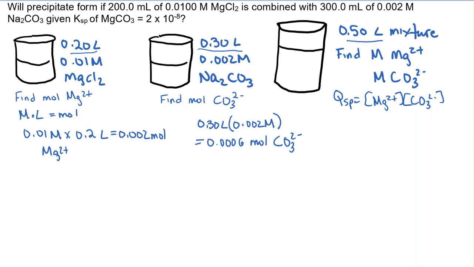Now we have to figure out the concentration in 500 mLs for each of them. So we have 0.002 moles over 0.50 liters, and that is 0.004 molar for the magnesium ion.